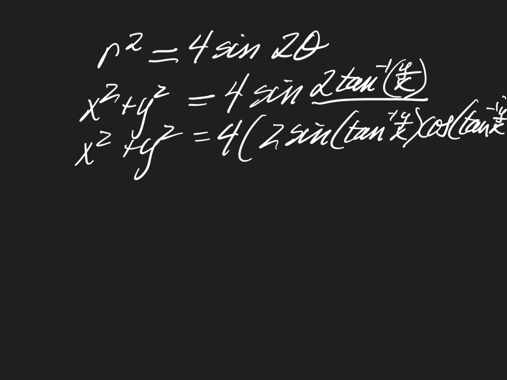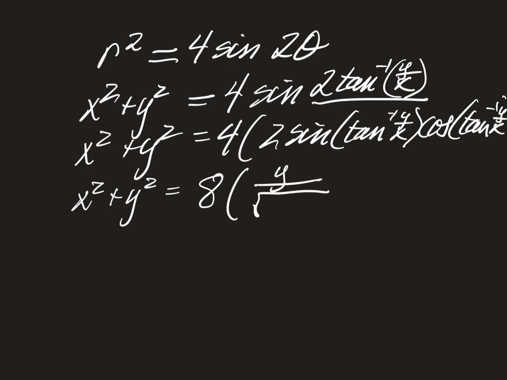And so the 4 times 2 gives us x squared plus y squared equals 8. And then we already found on the previous slide that the sine of the inverse tangent of y over x is equal to y over the square root of x squared plus y squared, and the cosine of that is equal to x over the square root of x squared plus y squared.